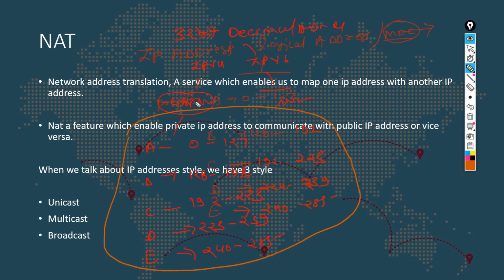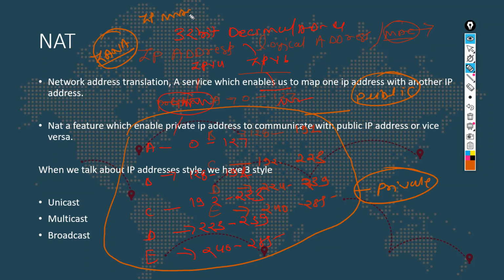This is about the classification, but these classes are divided into two parts: public addresses and private addresses. Public addresses we need to purchase, private addresses we don't. IANA is the organization which takes care of addressing, like IP addresses, MAC addresses, and port numbers.